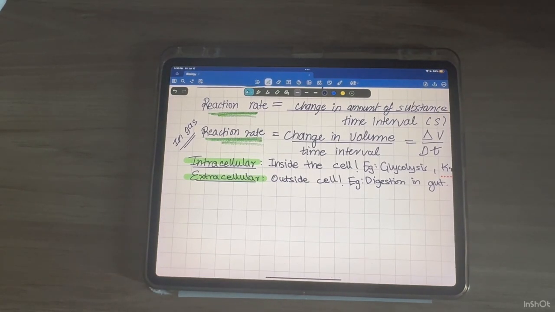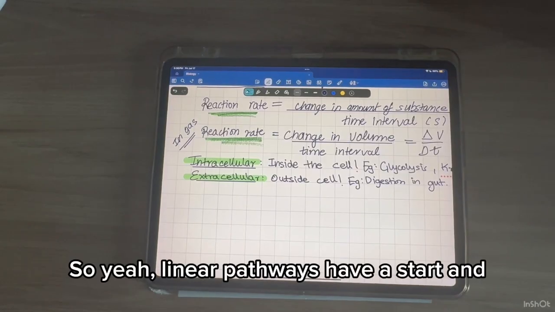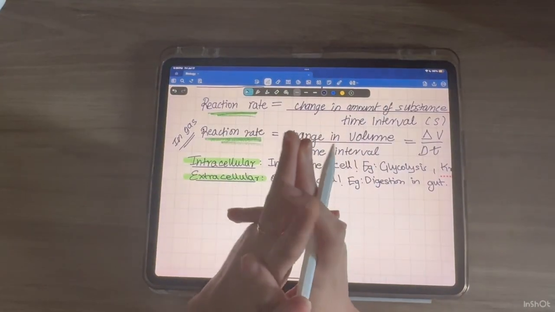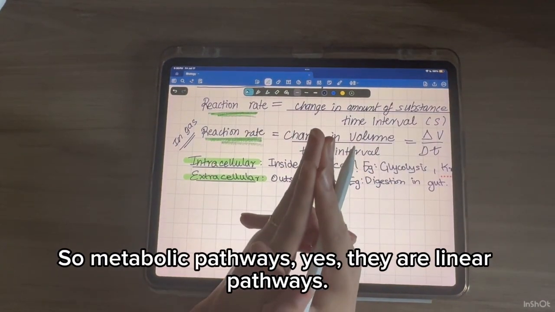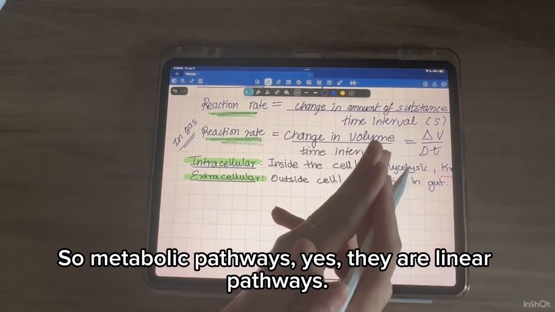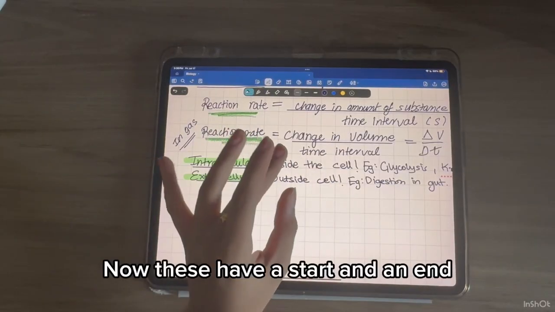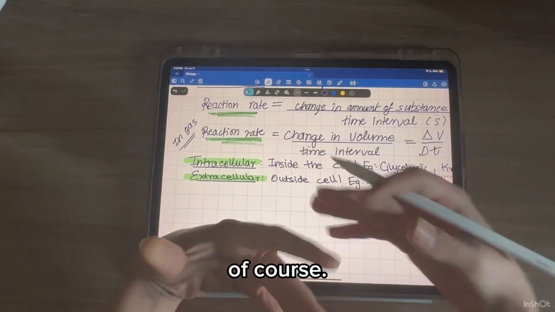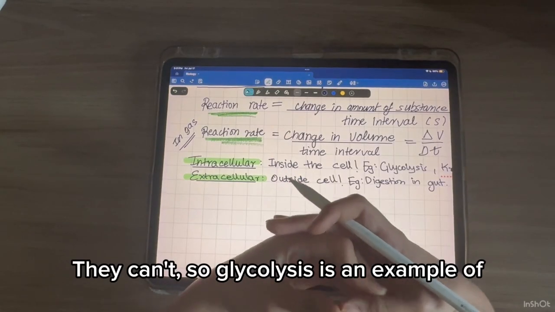So yeah. Linear pathways have a start and an end. So metabolic pathways, yes, they are linear pathways. Now these have a start and an end, of course. Glycolysis is an example of a linear pathway.